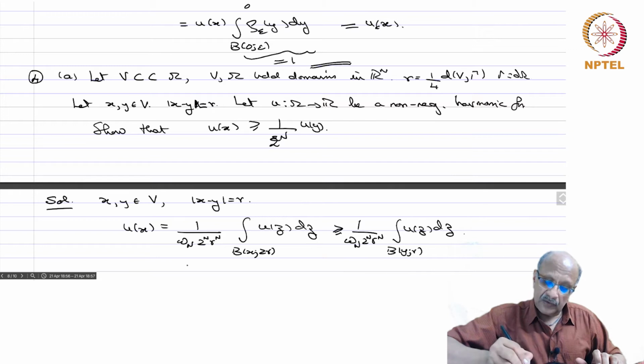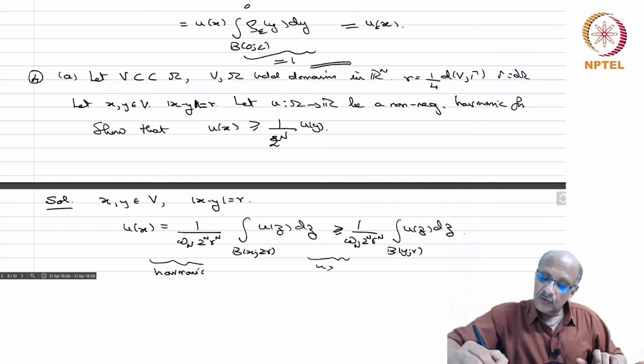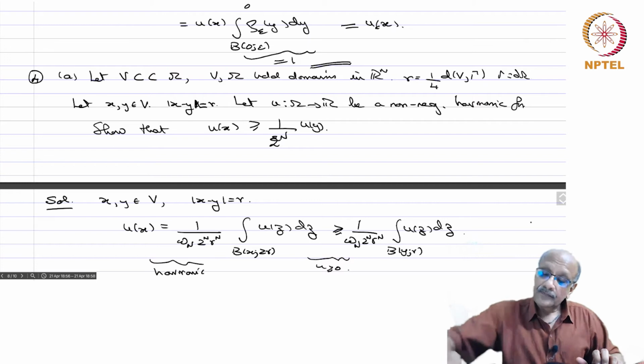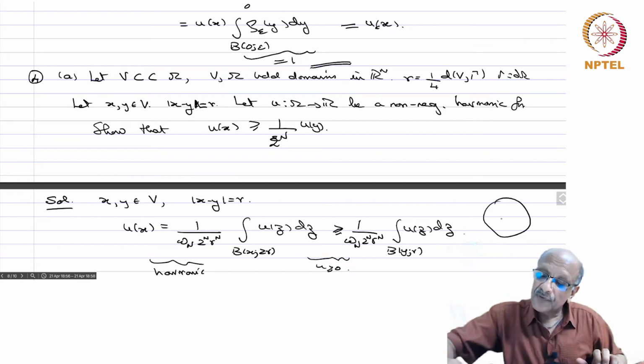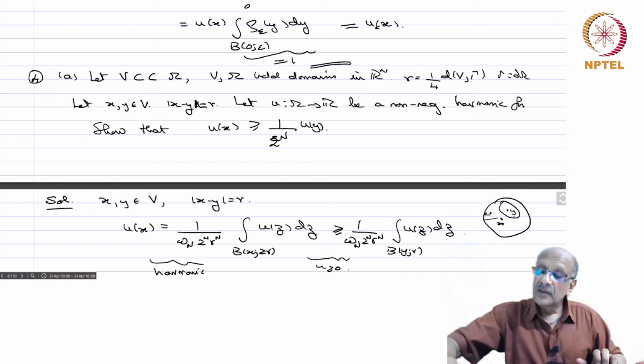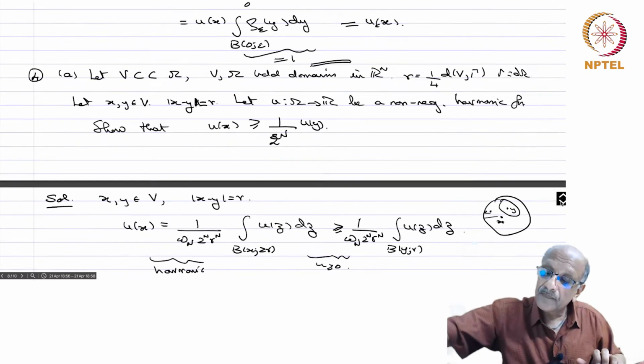This is because u is harmonic, so you have the mean value property, and this is because u is greater or equal to 0. So you have a ball of radius 2r, so this is x and this is 2r, and then you have y here, and therefore a ball of radius r is contained in that.